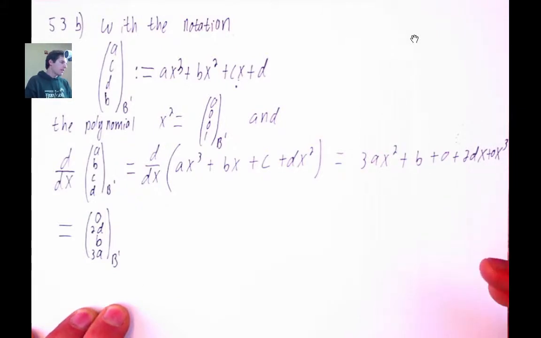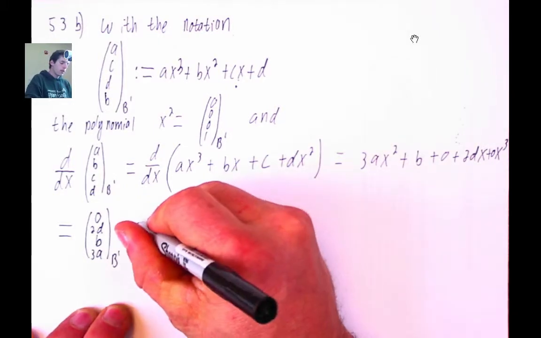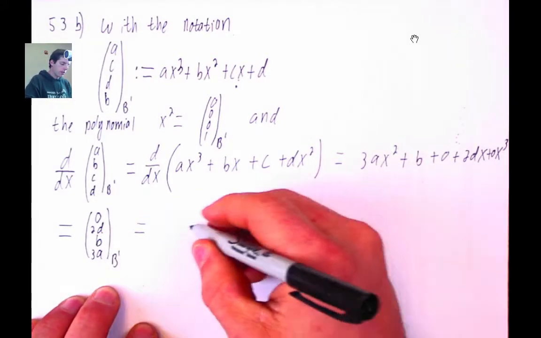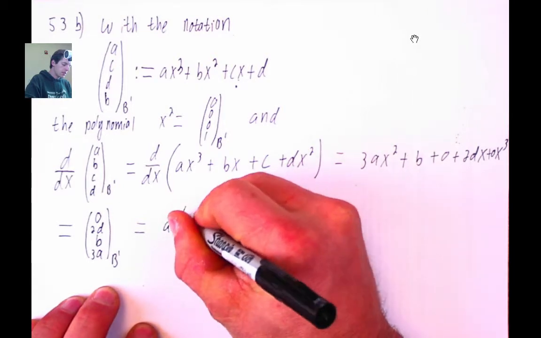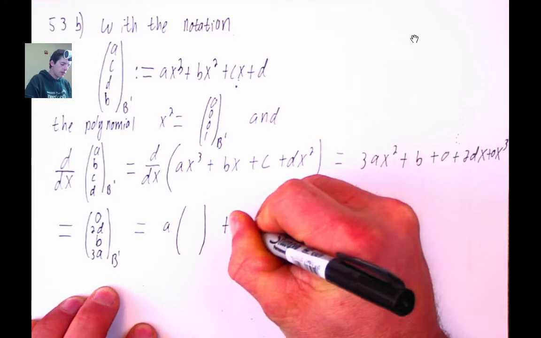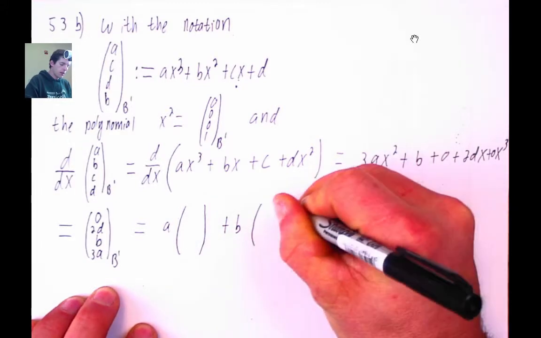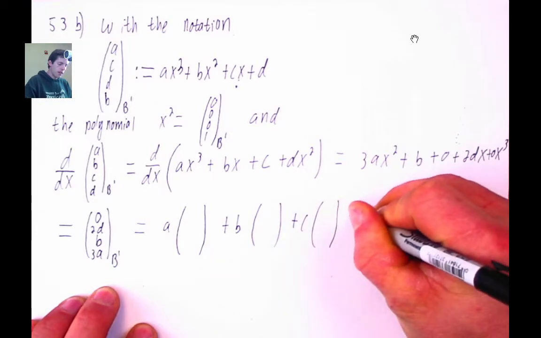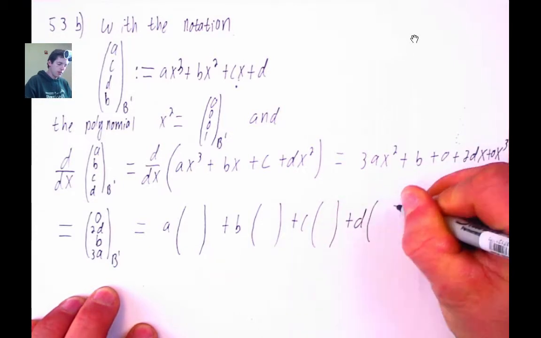Okay, so now the idea is to write this differential equation as a matrix equation. Let me figure out what kind of matrix we're going to be dealing with. I want to break this apart into three things: A times some 4 vector plus B times some 4 vector plus C times some 4 vector and plus D times some 4 vector.